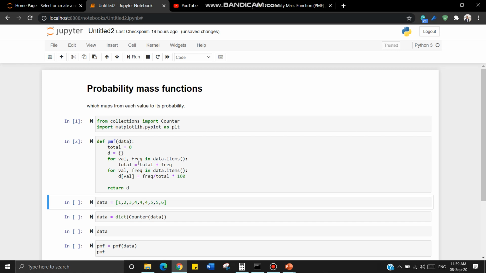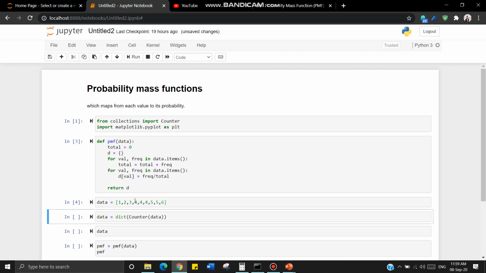First I have to find the total numbers in the set, so I use this loop to count how many numbers are there, and then find the frequency of a number. For example, 4 occurs 3 times, so the frequency is 3 and the total is 9. I removed the multiplication by 100, so that it gives only the probability, not a percentage.